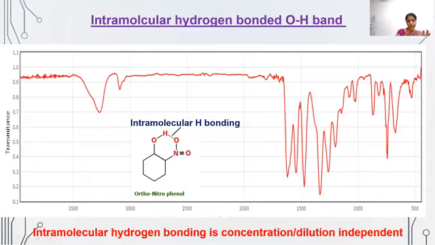Since the bonding is within the same molecule, between the two groups, if we dilute the solution or increase the concentration, the bonding between the groups will not be affected. So we can say intramolecular hydrogen bonding is not concentration or dilution dependent.